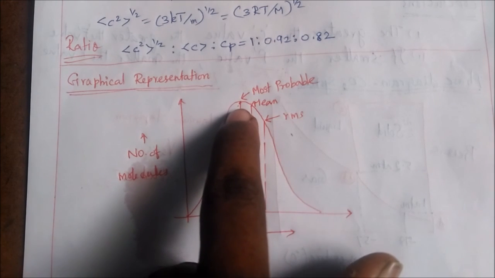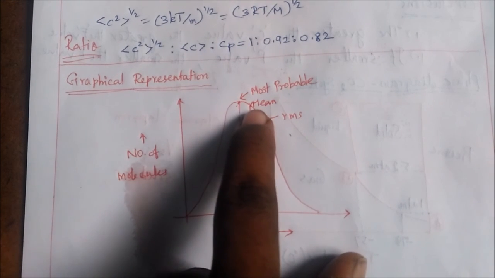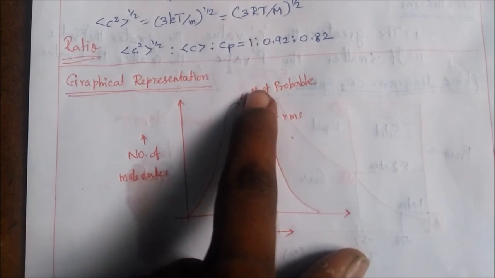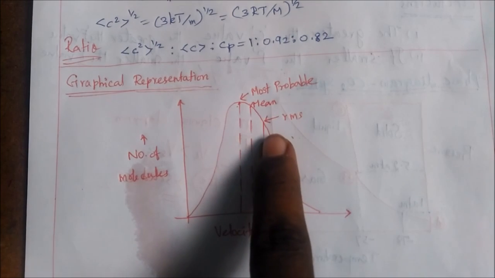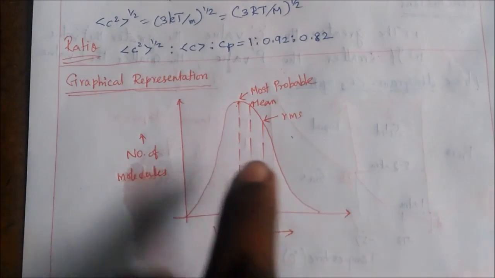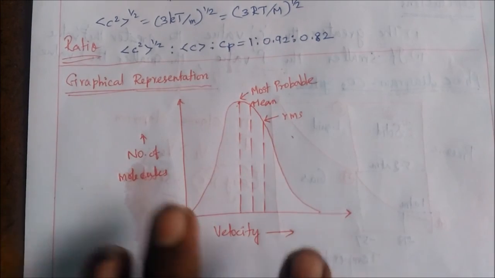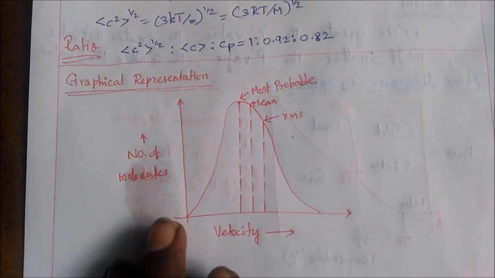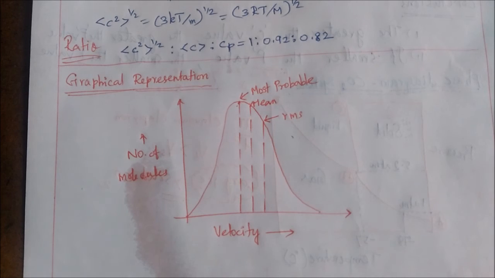This point will be the most probable velocity, the average velocity will be between RMS and most probable velocity, and here we will get the RMS velocity. So this is just a graphical representation of Maxwell's velocity distribution of molecules. Thank you.